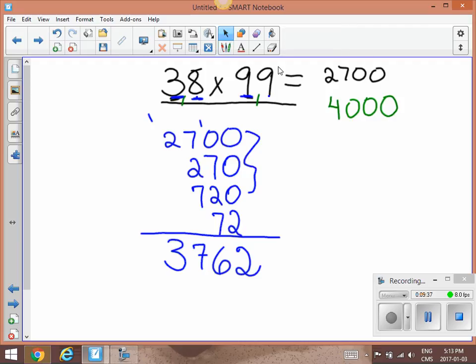So our answer that we have just discovered is 3,762. So if we look at our estimation, we said that this number was going to be somewhere between 2,700 and 4,000 and closer to 4,000. So were we correct? Of course we were correct.